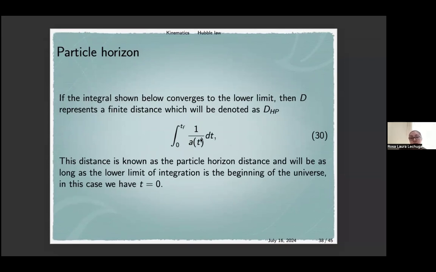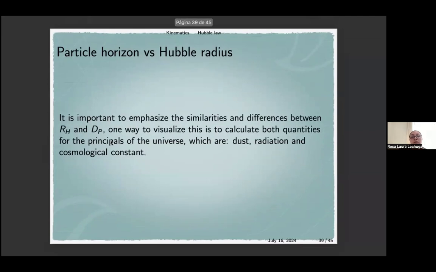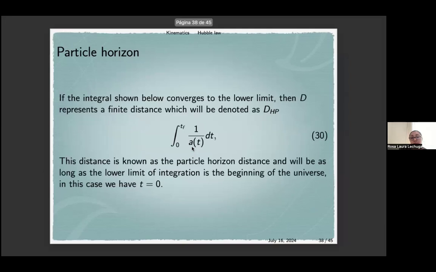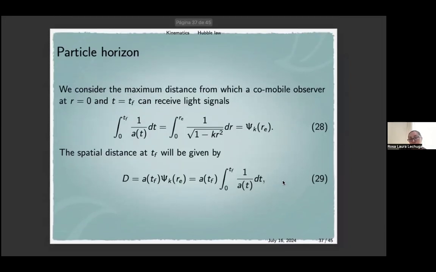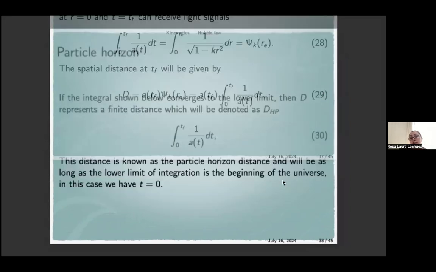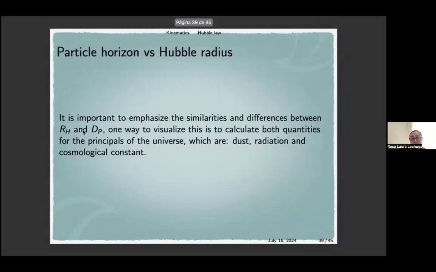So if you have radiation or dust, you can compute these quantities, and you can see that the order for the particle horizon and for the Hubble radius is similar. The order is equal in the case in which you have dust and radiation.